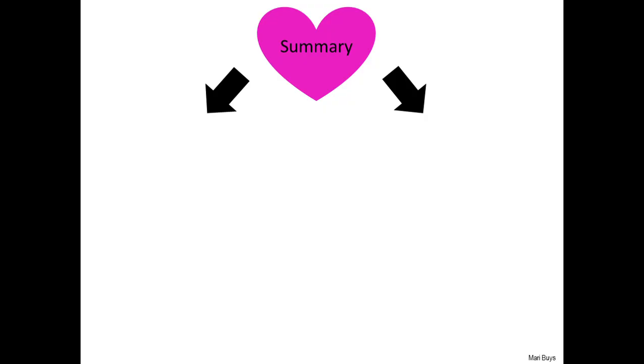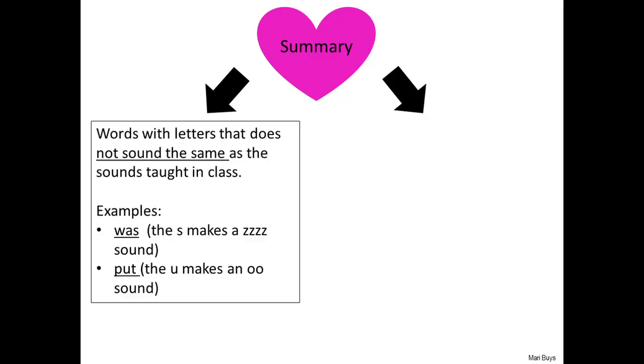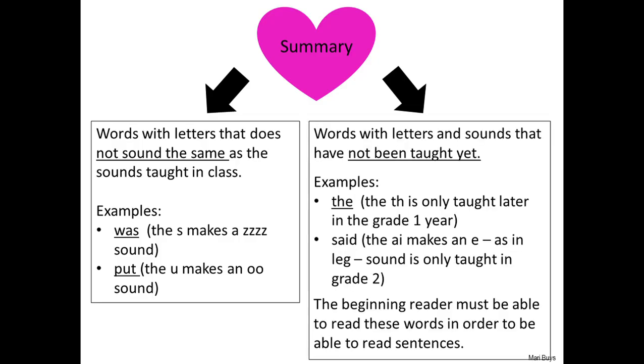Okay, so in summary about heart words, we use the heart with letters that do not sound the same as the sounds taught in class, and these are 2 examples. Was, this makes z, and in put, the U makes an oo sound. That's the one reason why we use a heart. And then the second reason is words with letters and sounds that have not been taught yet.